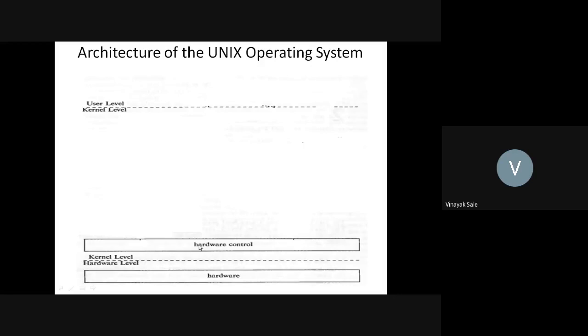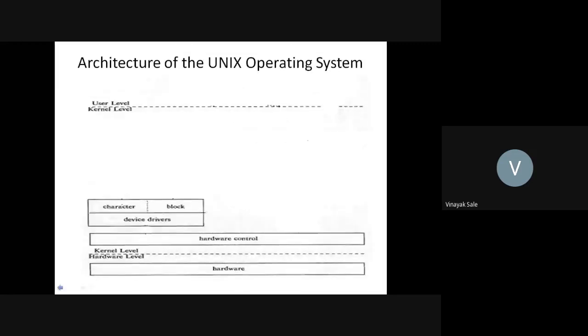The hardware control sees which type of program or application the user wants, then allocates the particular types of hardware or system calls to that process or application.